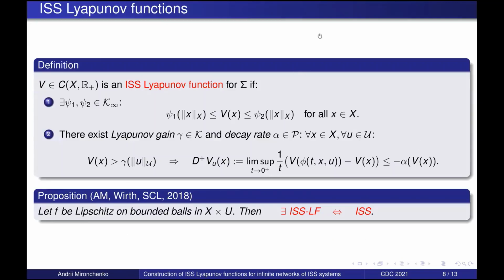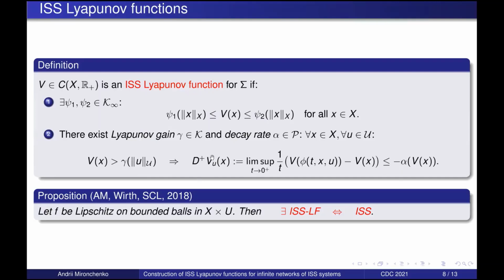The main tool for how we can analyze ISS are Lyapunov functions. A continuous function is called a Lyapunov function if it satisfies such sandwich estimates for all x from the state space, and if such an implication holds. It tells us that if x is large enough with respect to u, then the derivative of V along the trajectory is negative here.